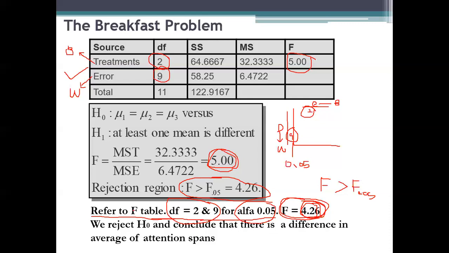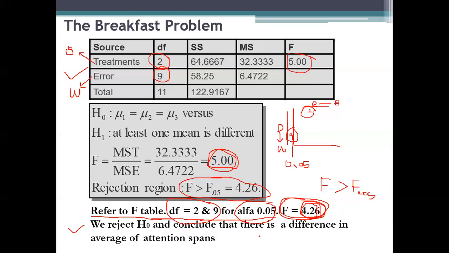Based on this example of the breakfast problem, we reject the null hypothesis and conclude that there is a significant difference in the average of attention spans.